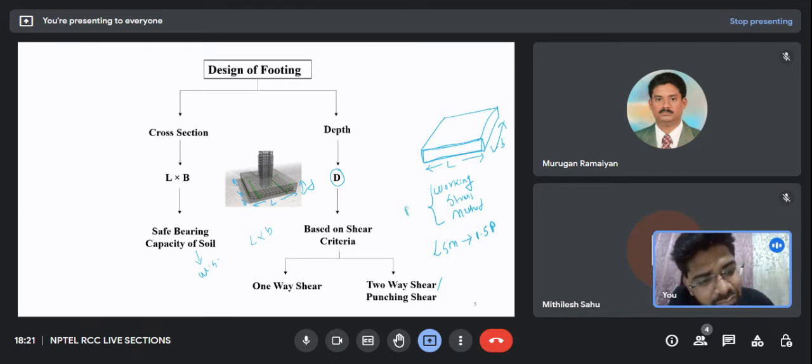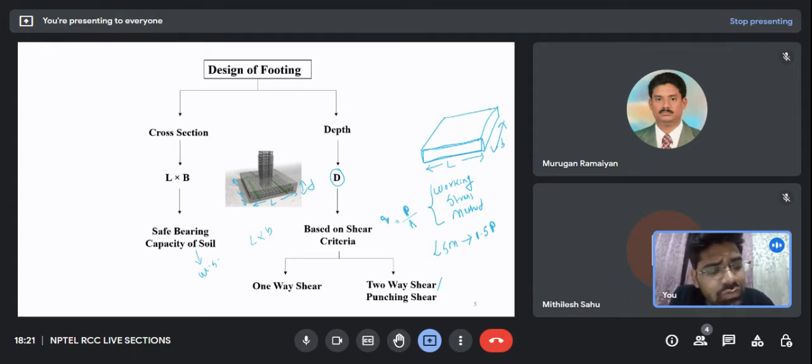The partial factor of safety is 1, we directly take P. And I told you we will be evaluating the length and the breadth based upon the bearing capacity Q. Q is a pressure, so force divided by area.